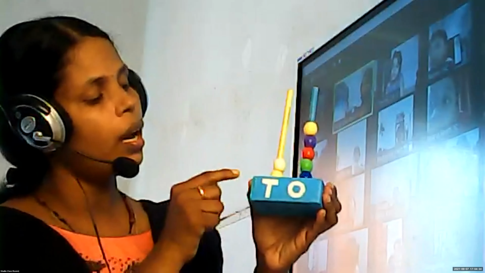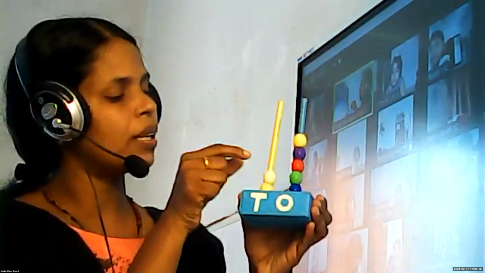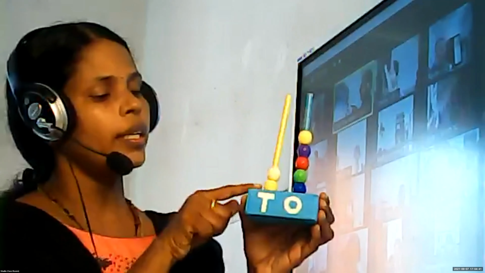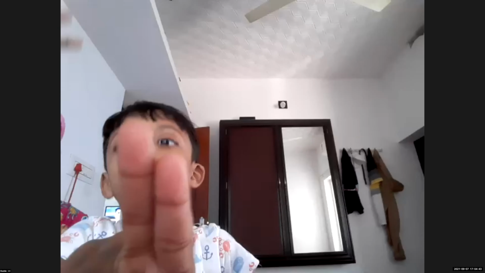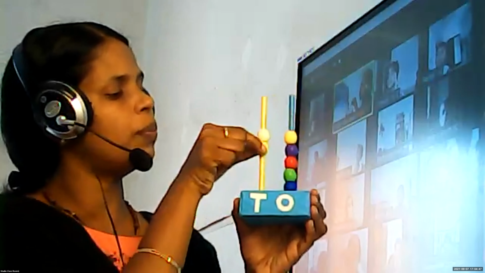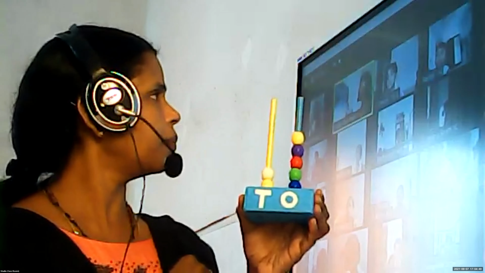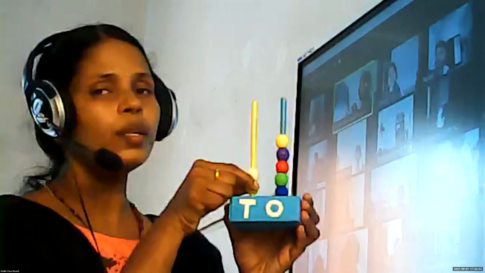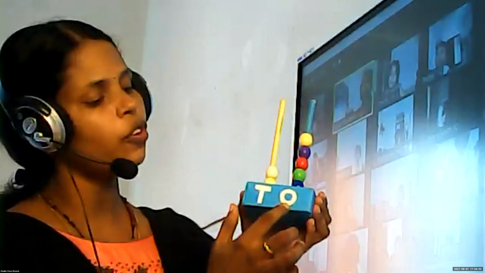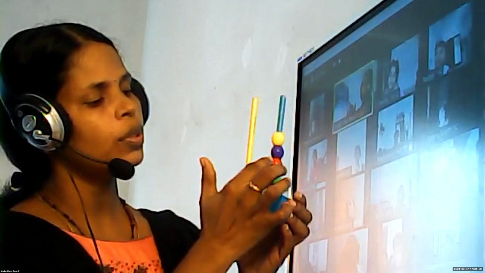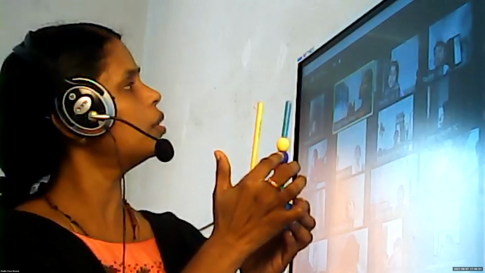Now listen here. How many beads are there in the 10 space, Rashid? Here you can see 1, 2. So at the 10 space, there are 2 beads. That means there are 2 tens. Now look at the ones place. 1, 2, 3, 4, 5.